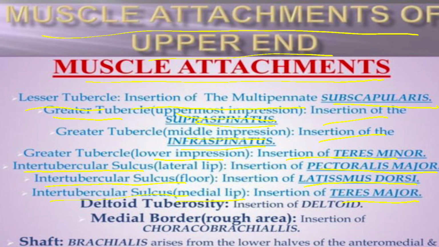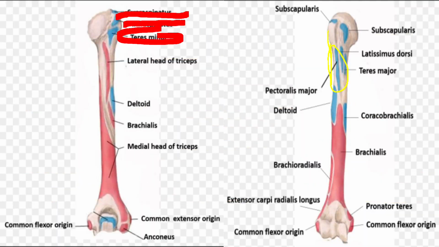See in this diagram, pectoralis major on the lateral lip, teres major on the medial lip, and latissimus dorsi on the floor. There is a mnemonic to remember this: a lady between two majors, pectoralis major and teres major.